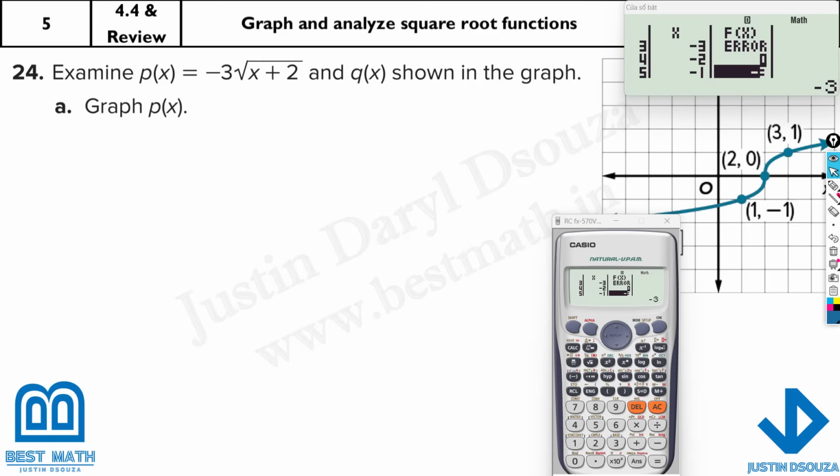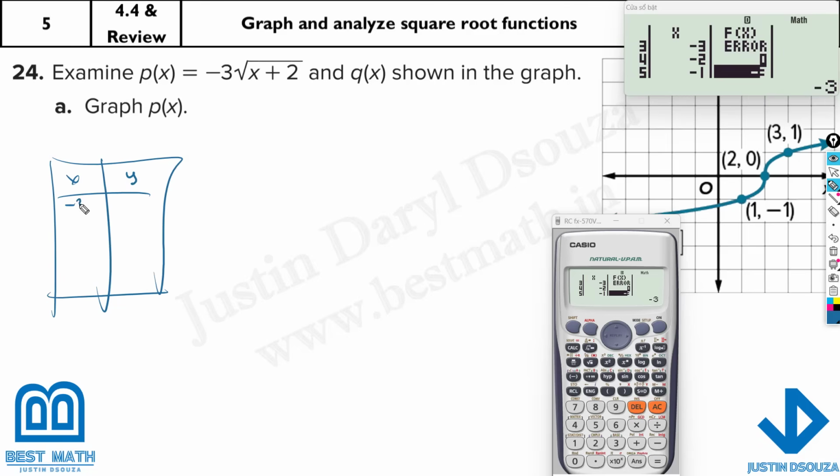Or what I would suggest is make a table like this, with x and y. I will choose the numbers where it starts with an error: minus 3, minus 2, minus 1, 0, 1, 2. And then you can write over here undefined or error. Error is undefined, just to make yourself aware that you won't have any point over here.